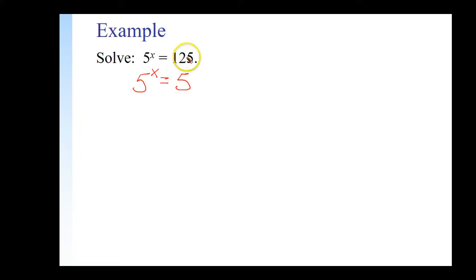And we can, because 5 to the third power is 125. So now that our bases are equal, then x equals 3. And this is the method we use to solve.